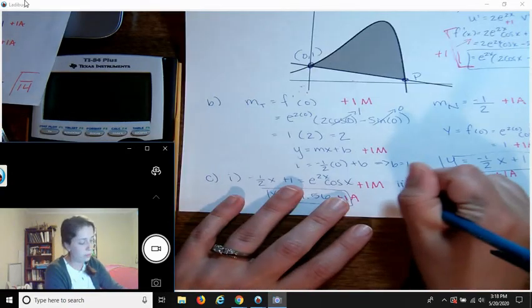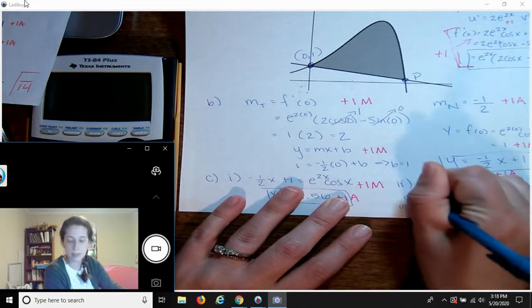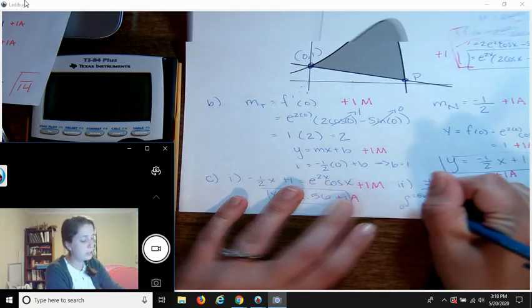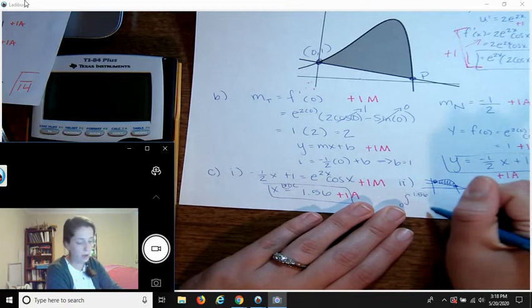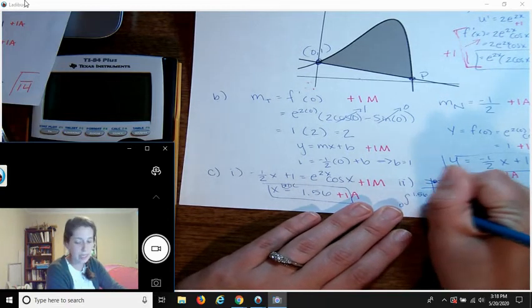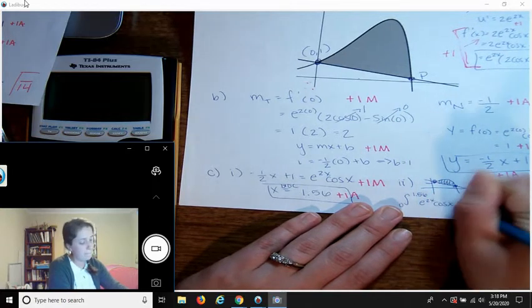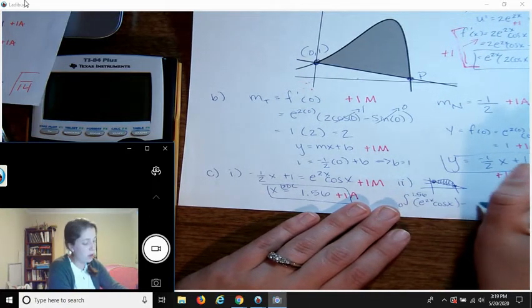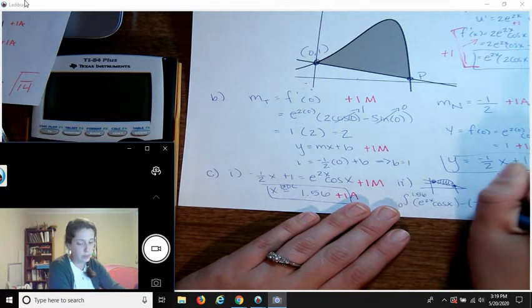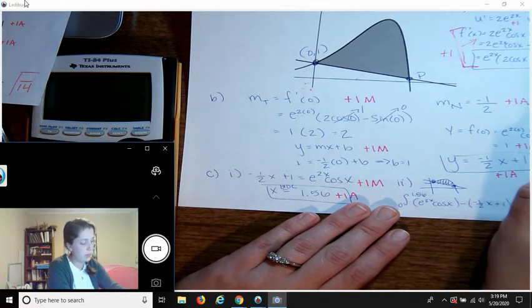And so we want to set up the integral from 0 to 1.56 of, and I need to do my top one minus my bottom one. So my top one is the e to the 2x cosine x. And then I'm subtracting off the negative 1/2 x plus 1.